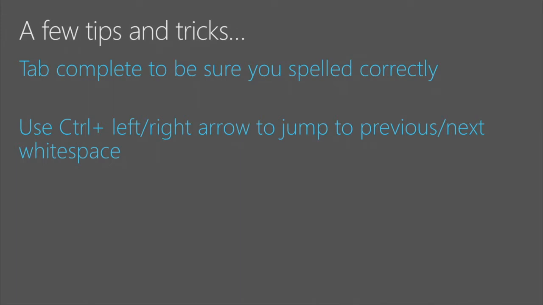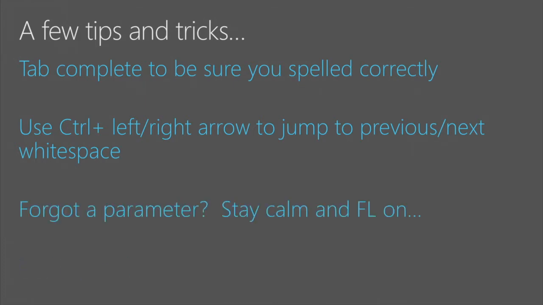All right. Forgot a parameter? Stay calm and FL on. If you forget what a parameter is called, that's okay. You can take any commandlet, pipe it to an FL, and get anything that you need.